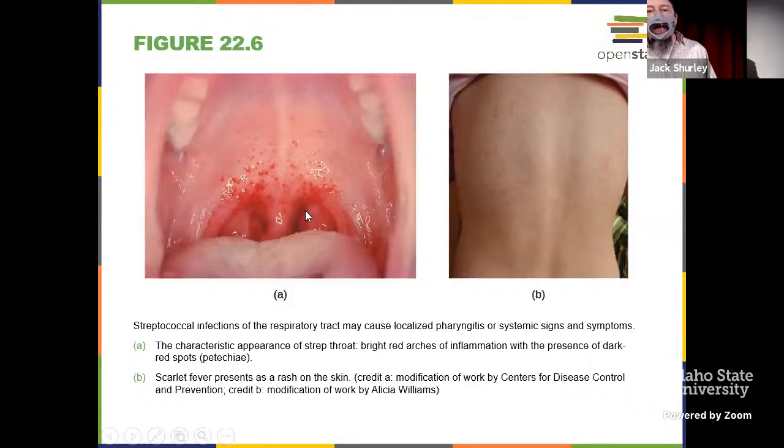Pyogen is a pus producer, and that name should imply there's going to be some of that you're seeing, although we're not really seeing that here. But back kind of by the tonsils is where you might be seeing some of that production. So that's the main idea when we're thinking strep throat.